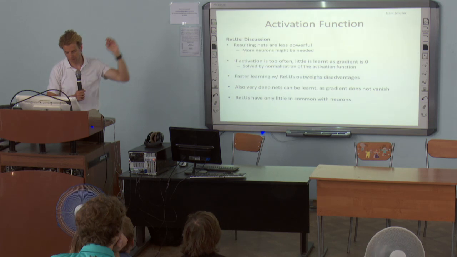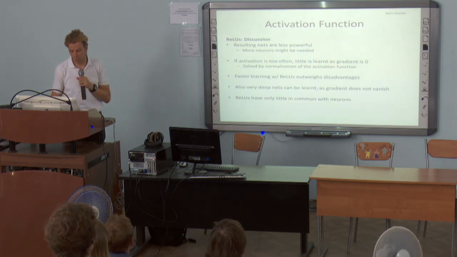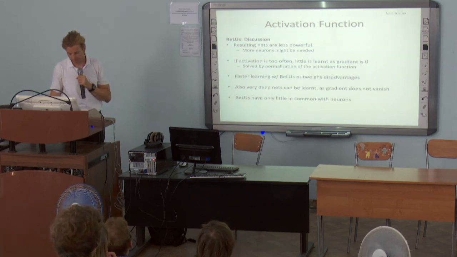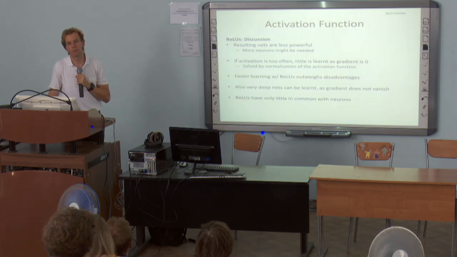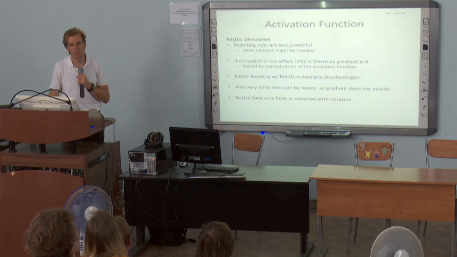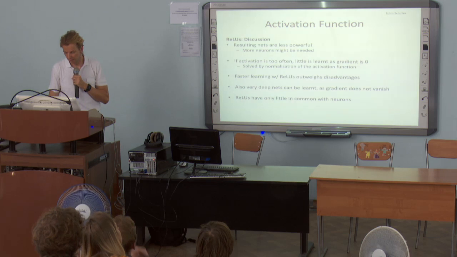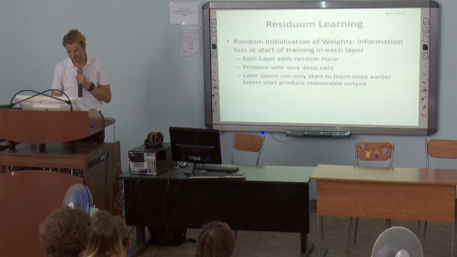So in sum, that outweighs these two disadvantages, that you might need more neurons and that you might need to do some normalization. They have little in common with neurons, you would say, because you do supervised learning with infinitely high potential, so that's not really as much like the mammalian brain as you would wish, but it works, so what do we care; planes fly despite not flapping their wings.